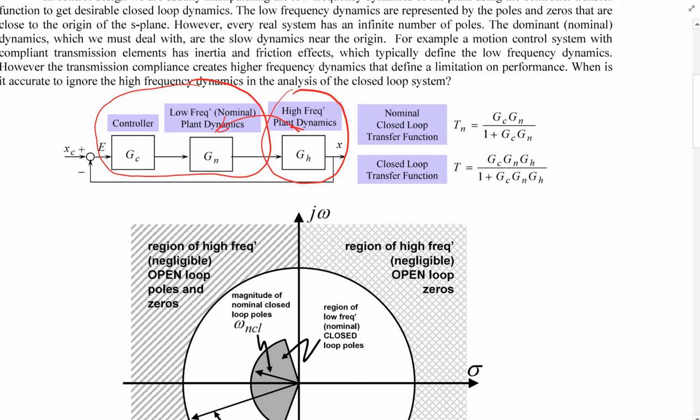And so in this case, we have to know what the gains are, and be able to define the location of the closed loop poles. And when we do that, we end up with these two transfer functions representing the nominal system without the high frequency, and then the system with the high frequency in here.